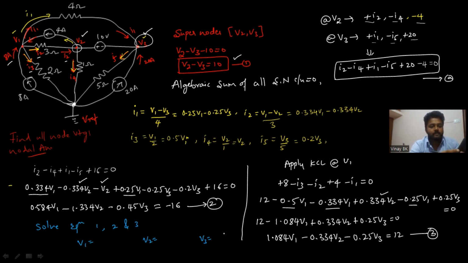Enter the coefficients from equation 1, then from equation 2: 0.584, minus 1.334, minus 0.45, minus 16. Then equation 3: 1.084, minus 0.334, minus 0.25, 12.